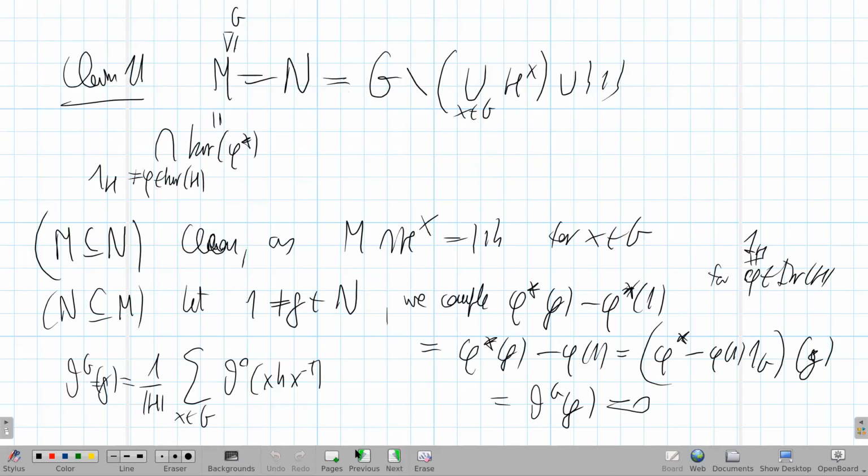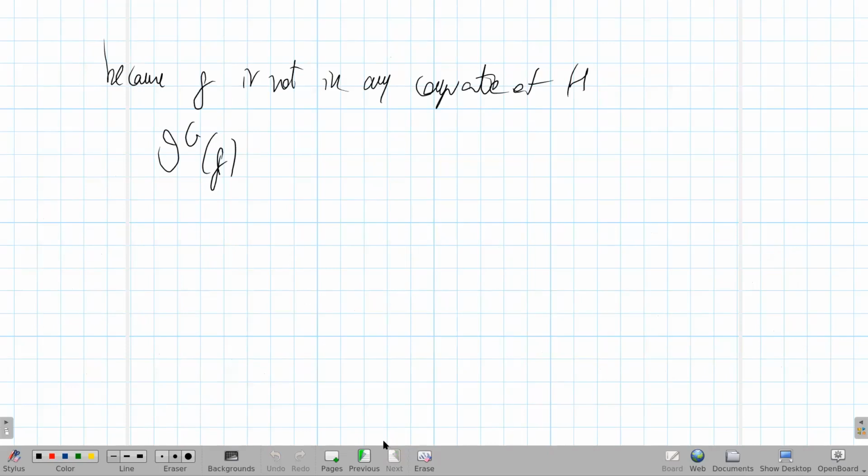So perhaps I should rewrite this. This is a g, sorry. Let's write it in red because it's a correction. So this is 1 over |H|, the sum over x in G of theta naught of x g x inverse.